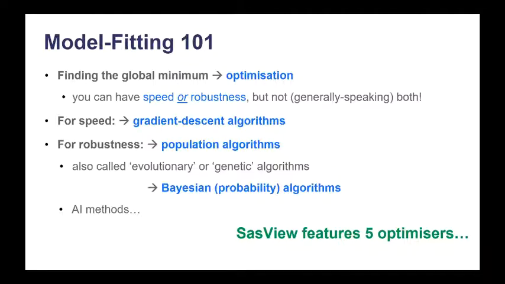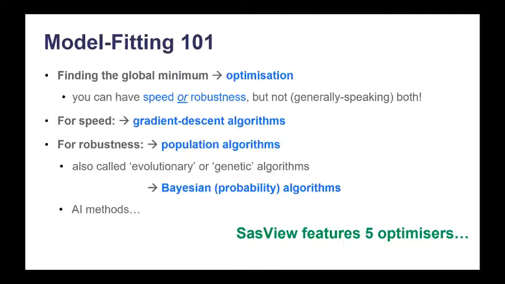The fast optimizers effectively scour the parameter landscape, trying to find locations that are not flat. The robust optimizers conduct much more elaborate searches, sometimes learning as they go or by employing probability theory to guide where they search next. Some methods are just like dropping paratroops on a landscape and asking them to radio back in their altitude.